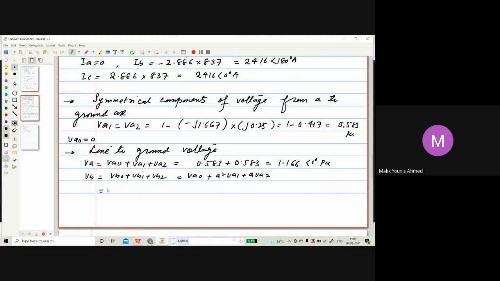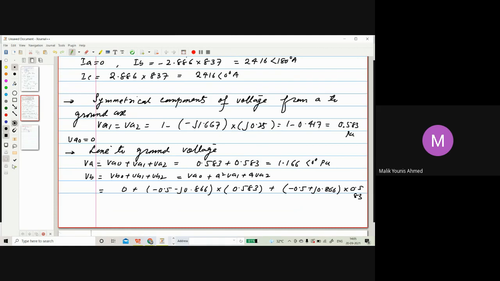VA0 is 0 in this case, plus A square, which is minus 0.5 minus j0.866 in rectangular form, multiplied by VA1, which is 0.583, plus A, which is minus 0.5 plus j0.866, multiplied by again 0.583.